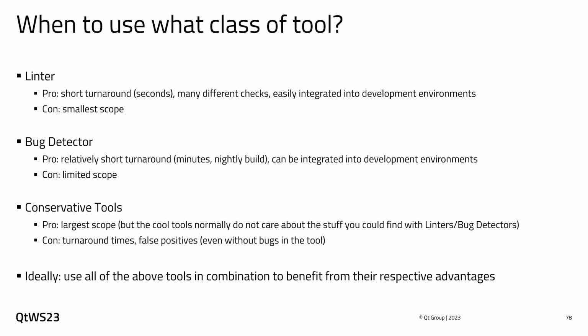The interesting thing is that most of the conservative tools are really complementary to the linters because they just don't care about the nitty-gritty stuff. They're just doing the fancy things. Turnaround times really depend on your code. They have false positives, so you need to check that. I've seen projects where such a tool runs in 10 minutes across 1.5 million lines of code.